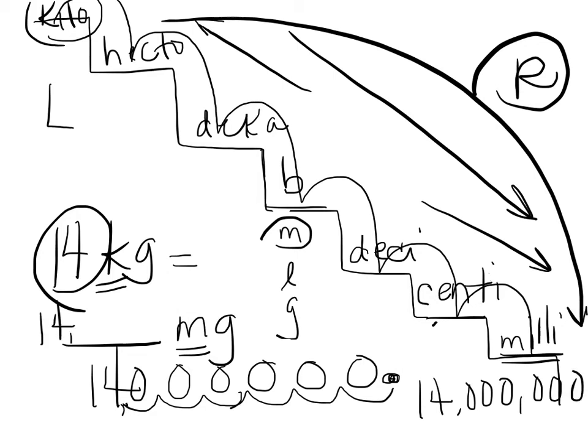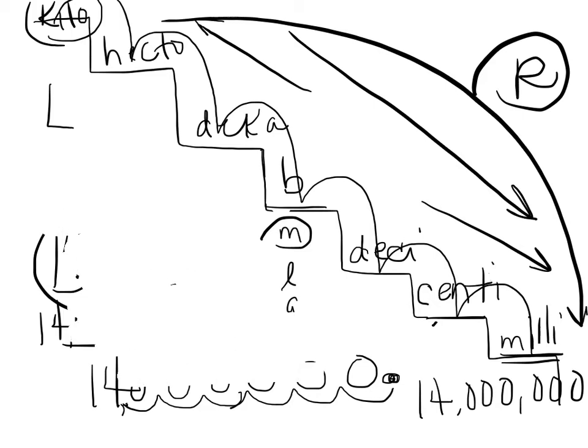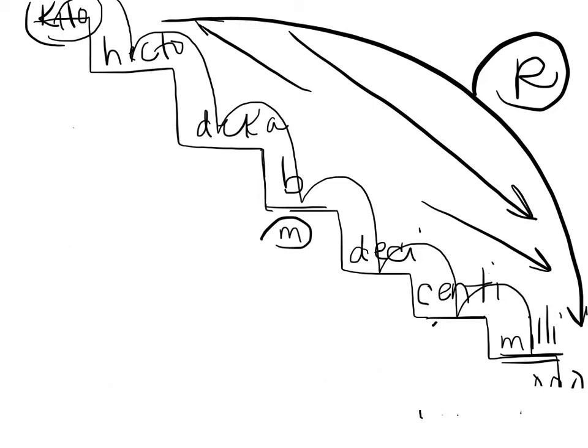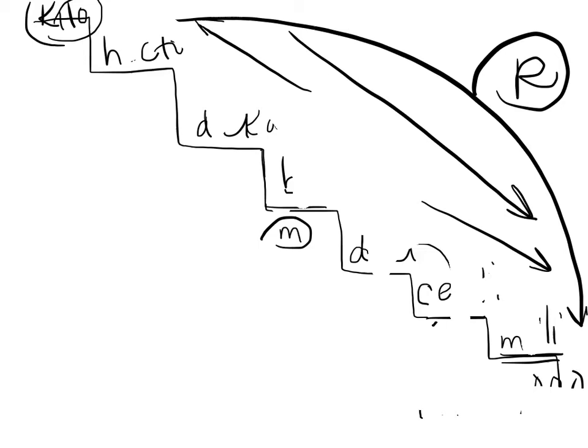It's a big number. But you get the idea. I had to move the number of spaces, I had to move my steps. So let's try another one that maybe isn't such a big number. Let me erase this. Okay, so let me draw my steps back in again, a little bit better.